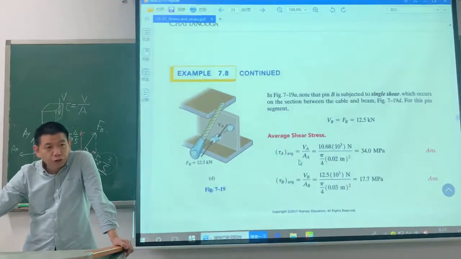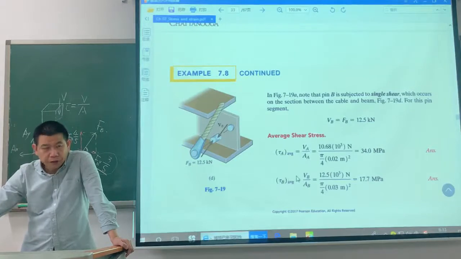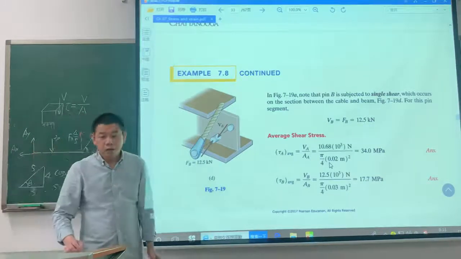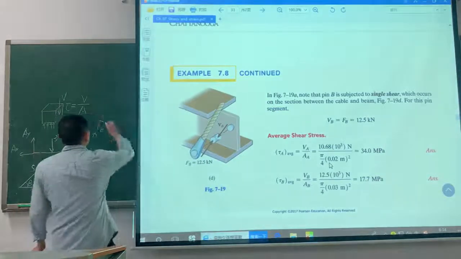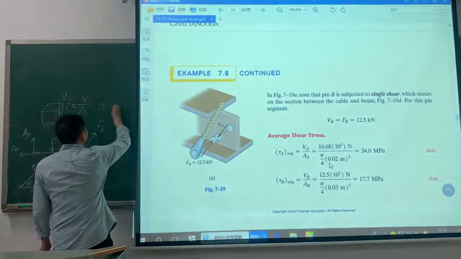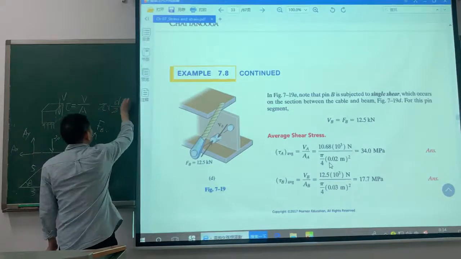So from the formula we can find tau A average is VA over AA. Tau B average is VB over AB. The area of the shear section is the area of the circle, pi over 4 d square.